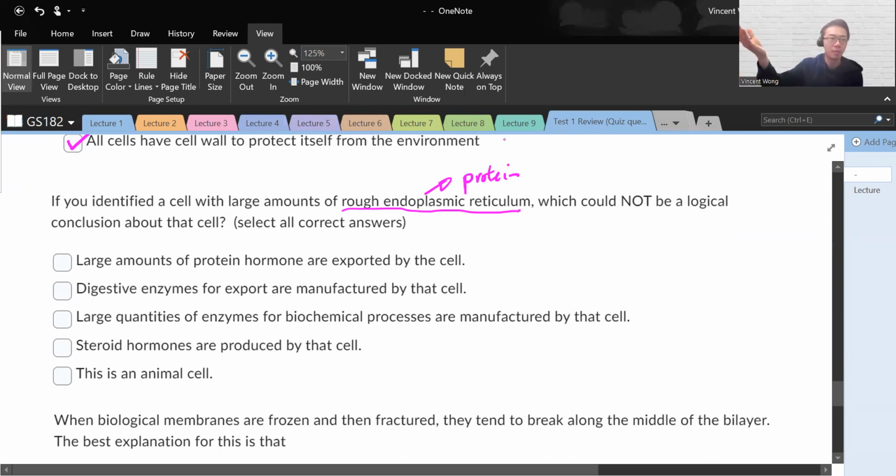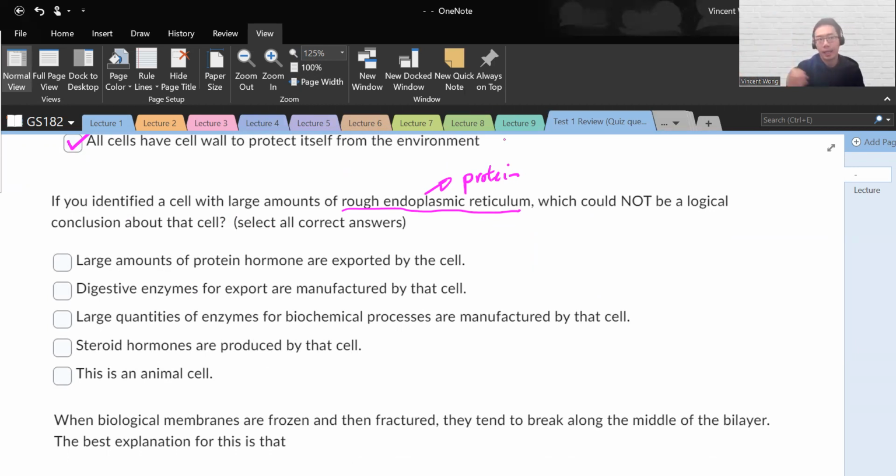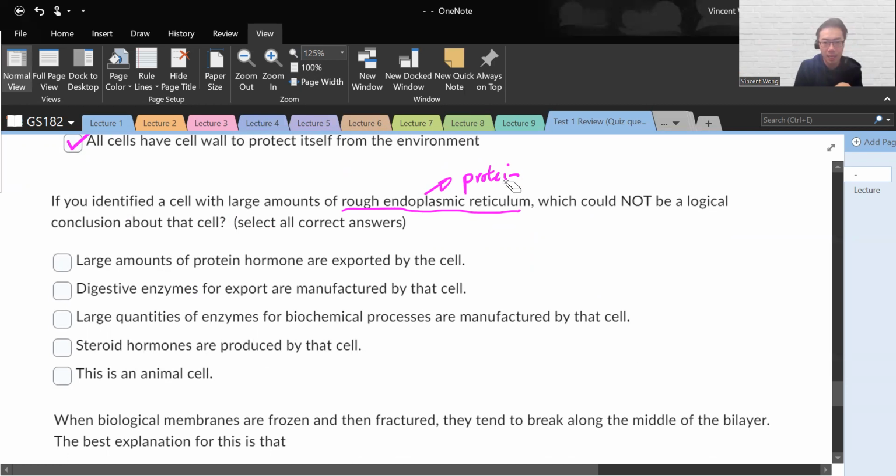Those are the two pieces of information that I recall when I see rough ER. So let's take a look with that in mind. Large amount of protein hormones are exported by cells. Yeah, that's logical. The fact that rough ER makes protein, I can safely assume that this cell makes a lot of proteins.